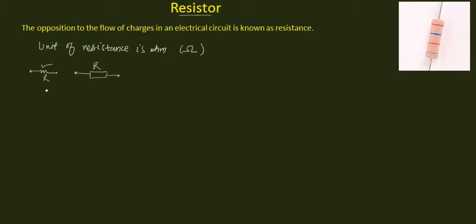So this opposition is due to the collisions and friction of free electrons with other electrons or ions and atoms which come in the path of motion of these free electrons.